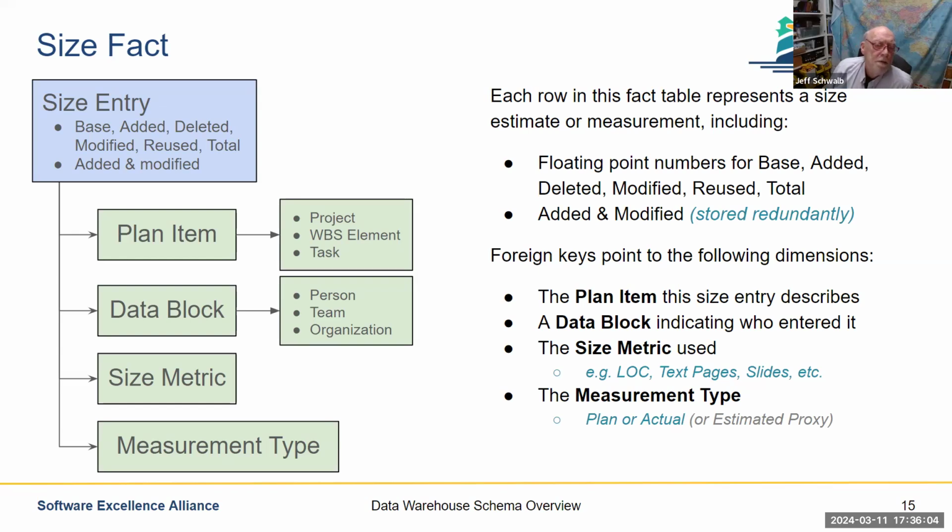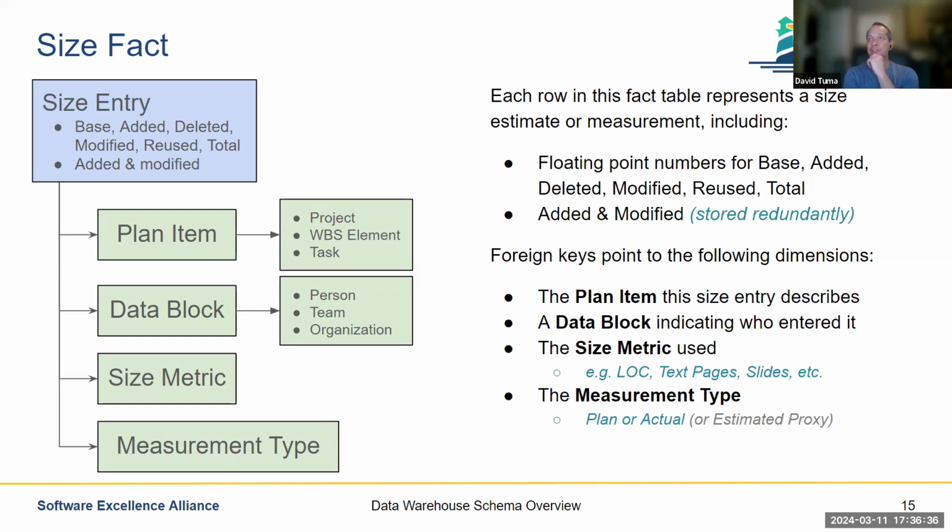David, Jeff. Yes, what happens? You pointed out that people can define their own size metrics. What if they use the same name but have different definitions of the size metric? Great question. It's not a problem that I can solve, but we would have to take a look at that.